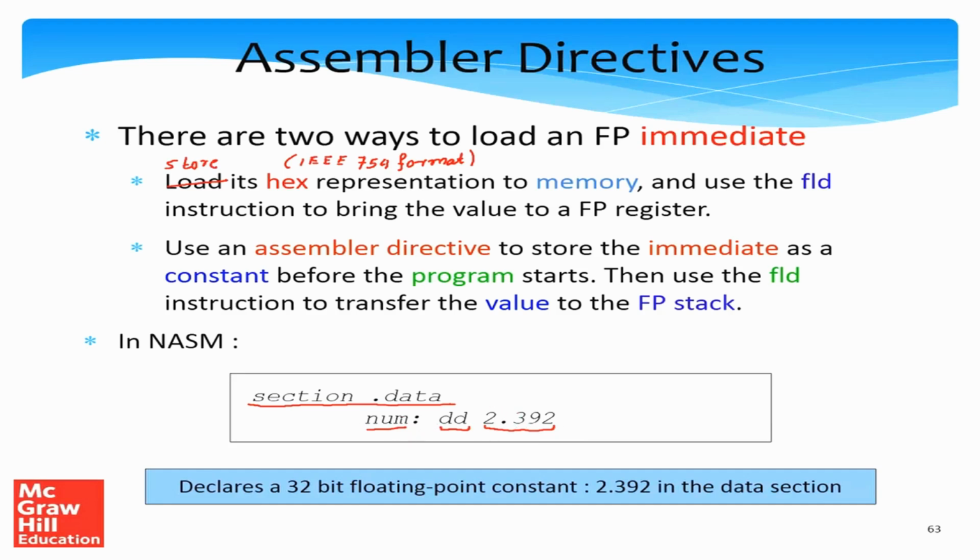The label here is the name of the memory variable, which can be referenced later. What the assembler would do is take 2.392, convert it to its hex representation, store it somewhere in memory, and associate that memory address with the label num.